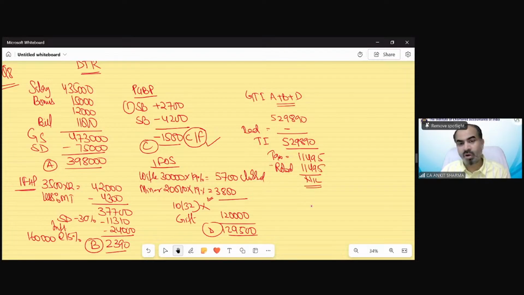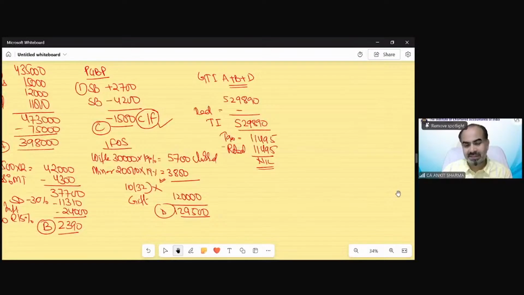Now we have to solve the income and the tax as per optional tax regime. So as per optional tax regime, we will take the TI as per default tax regime, which has been given, 529,890, in which we will adjust our standard deduction.